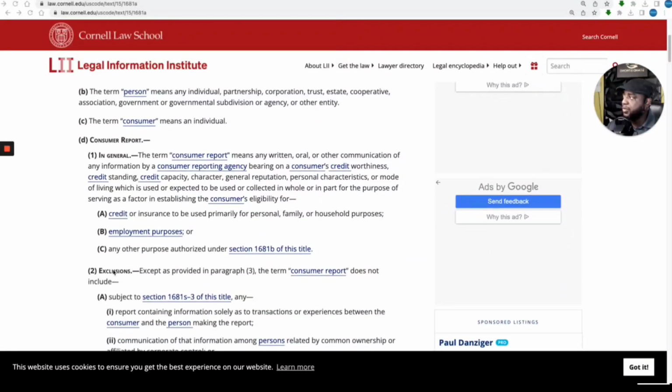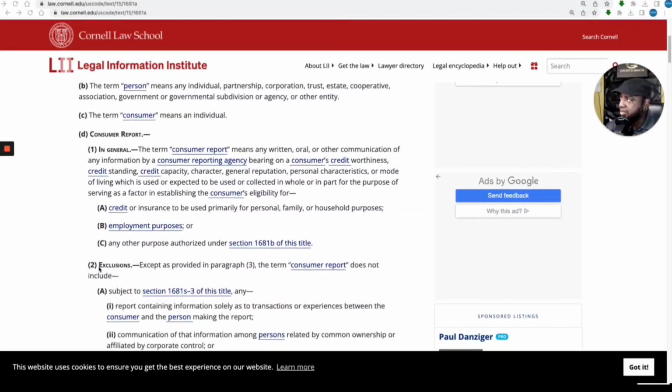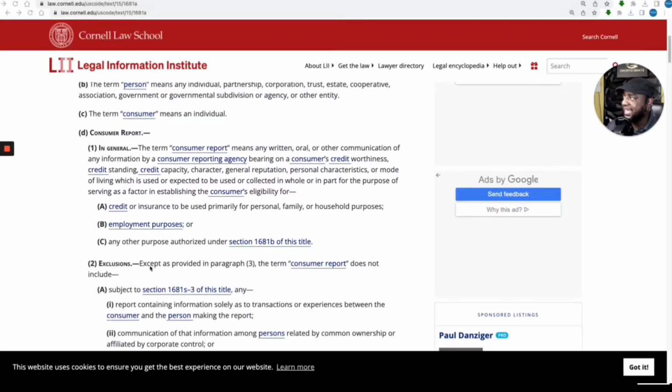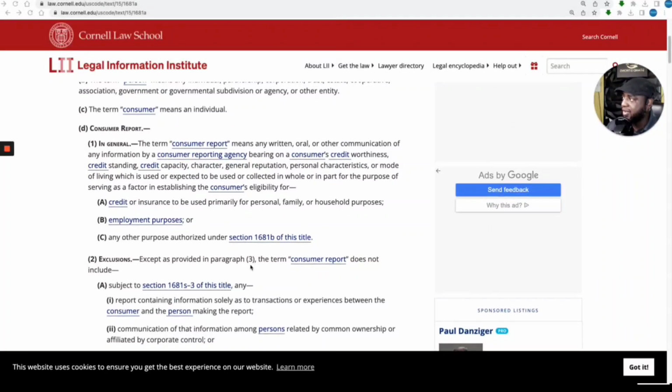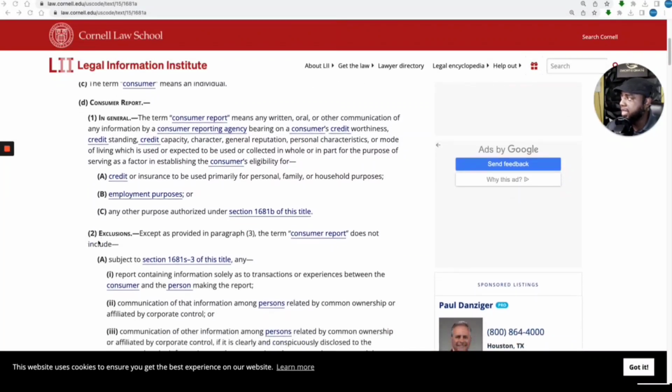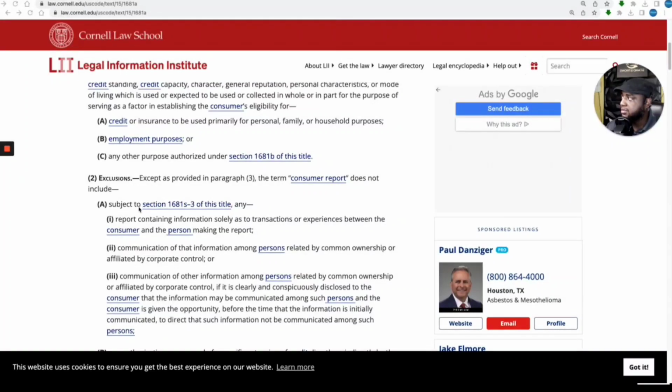First thing, what the exclusions are is right here in (2). Except as provided in paragraph 3, the term consumer credit report does not include what? (A) Subject to subsection 1681s-3 of this title, any... (i) is the first one listed: report containing information solely as to transactions or experiences between the consumer and the person making the report.